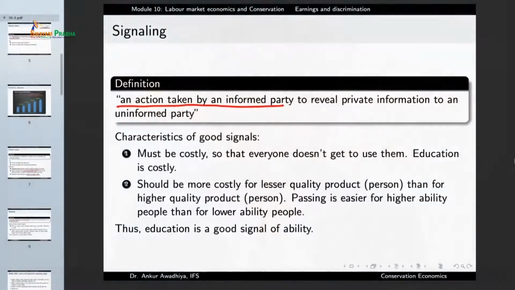Whereas in the case of education, it is extremely costly, both in terms of money for fees, in terms of opportunity cost that somebody has to give up, and also in terms of the time that one has to put in. So signaling will only work when it is costly, so that everyone doesn't get to use them, and education is costly.